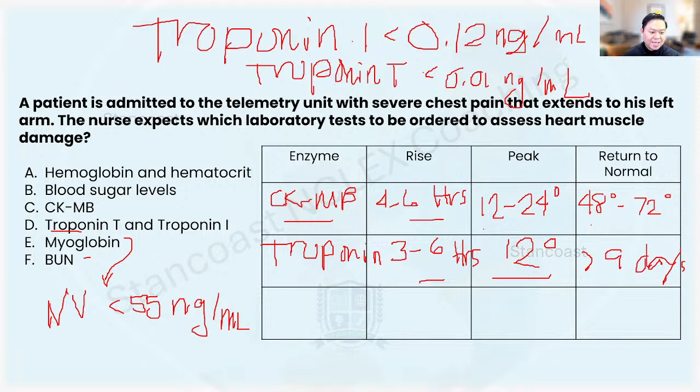Because again, the myoglobin is also found in the skeletal muscles. Yeah, you're correct, Stephen. Very good. And so the myoglobin is actually a good size protein that can clog the glomerulus. It can cause renal failure if we are not going to pay attention to the patient's hydration.